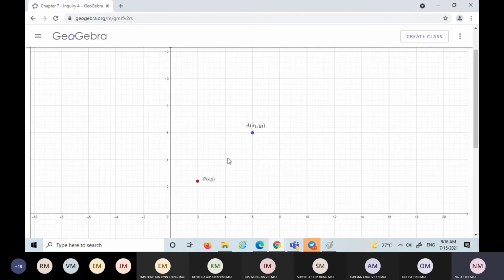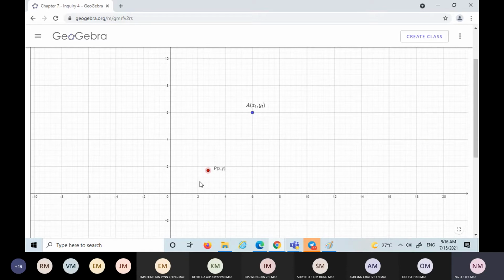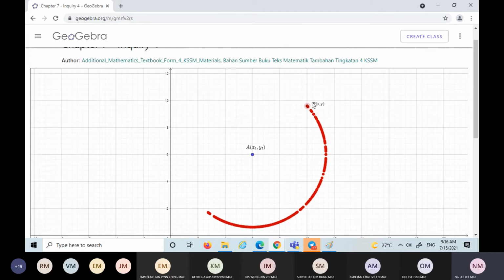This distance is fixed, so P moves always keeping the same distance from point A. I try and see: the red dot is tracing, always keeping the same distance from point A.